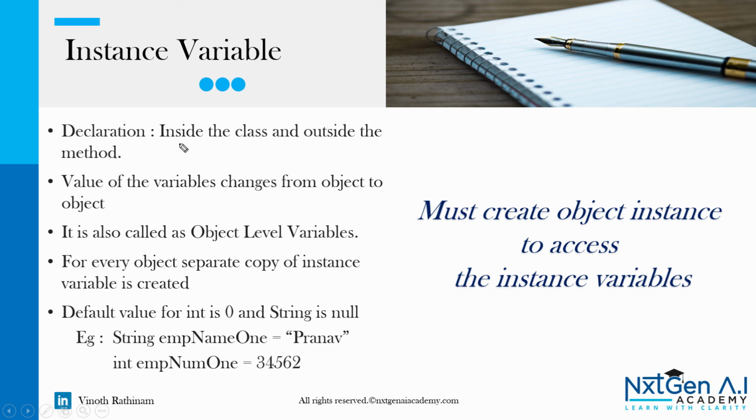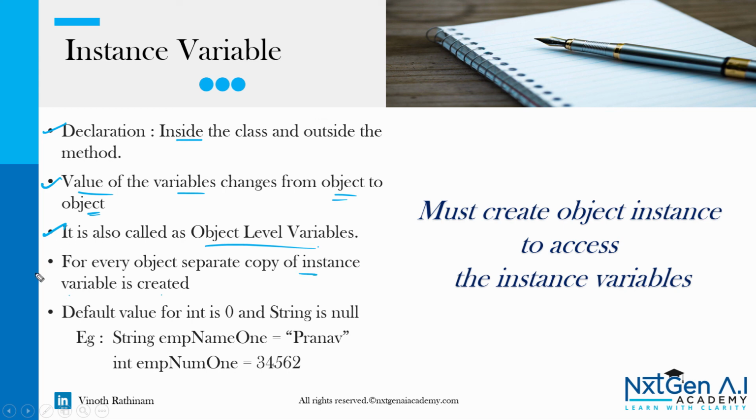The declaration is inside the class, outside the method, we understood. Then the value of the variable changes from object to object because every employee is considered as an object. Definitely each employee will have a different value. Just because of that reason, it is also called object level variables.